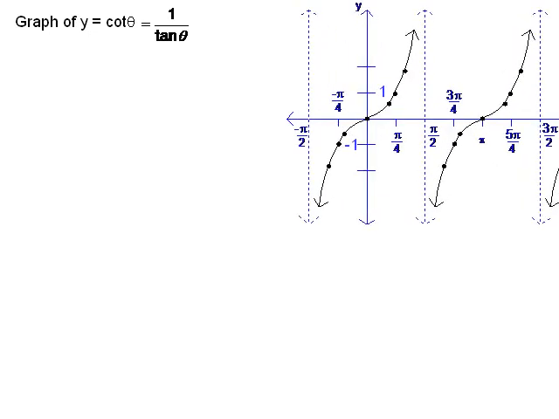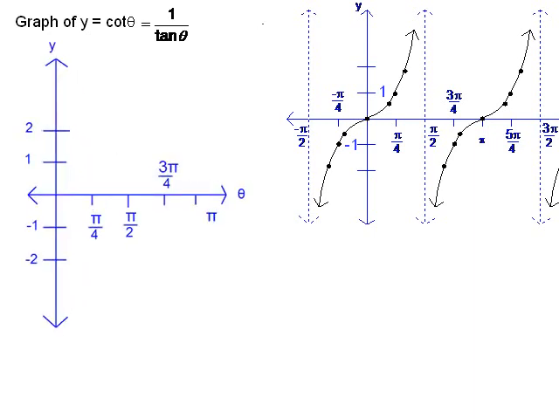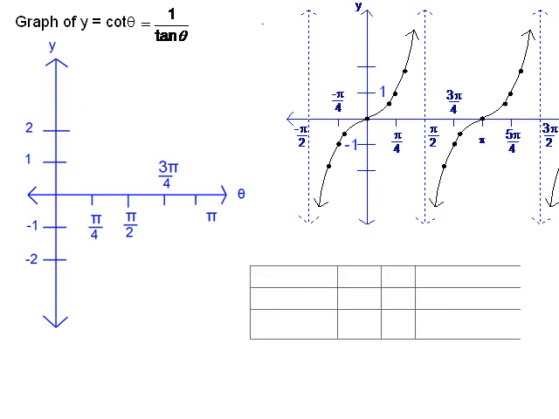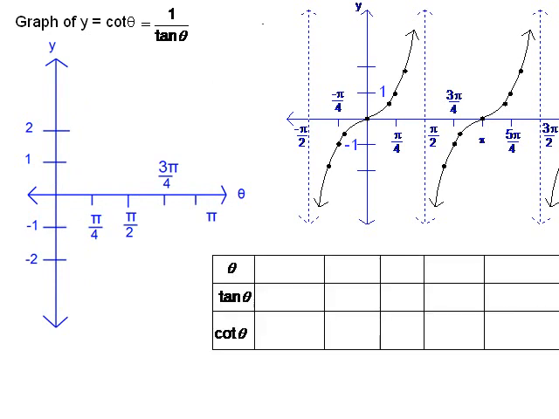Okay, the graph of cotangent. We want to think of cotangent equaling 1 over tangent so that we can get our parent graph for cotangent. We already know the tangent graph looks like this, and we're going to use that. We're going to do the table of theta, tangent theta, and cotangent.